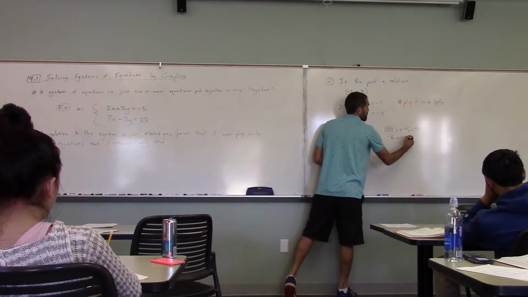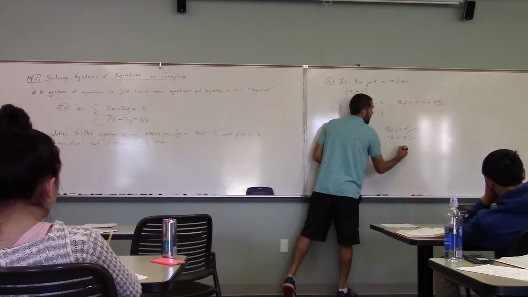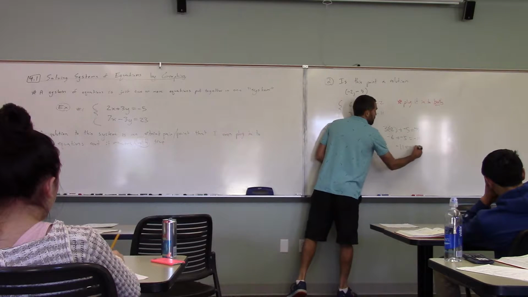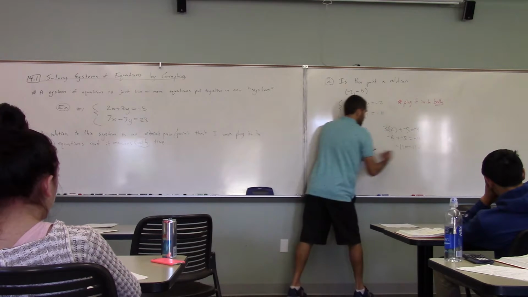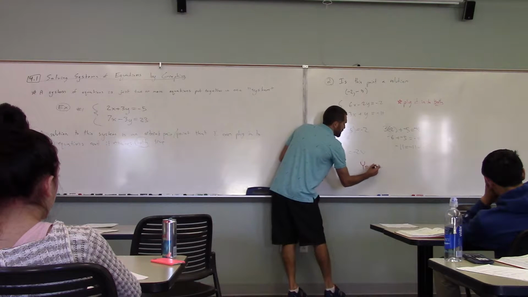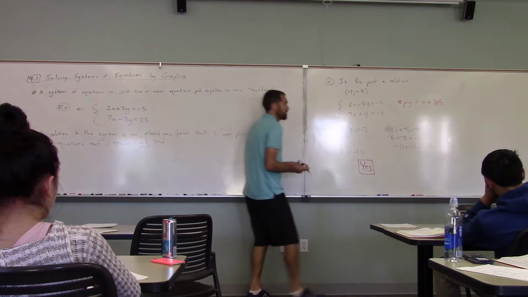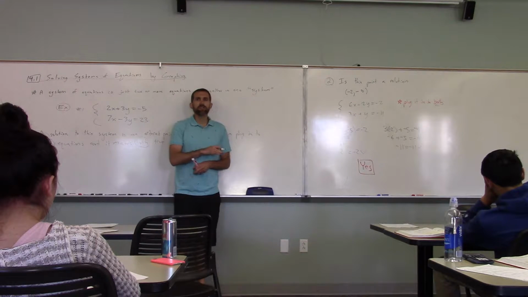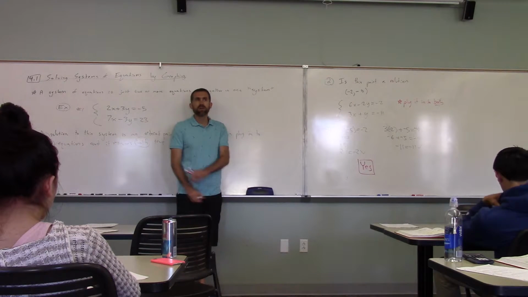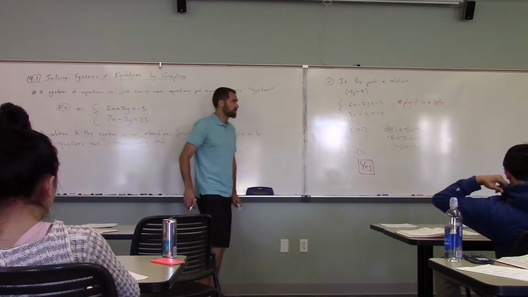Negative 6 plus negative 5 is negative 11. So it worked in both equations. So then I would say yes, it is a solution. But it's either yes or no. It either works in both equations or it is not a solution.